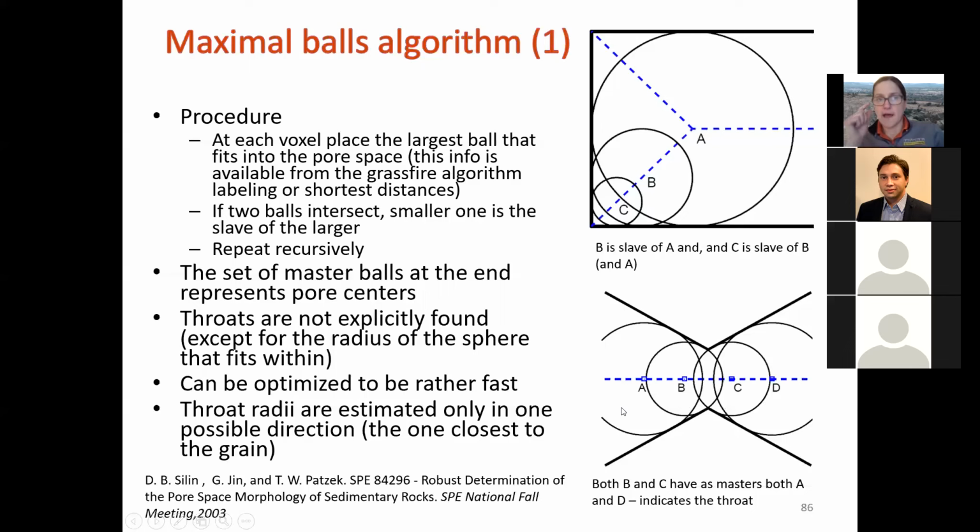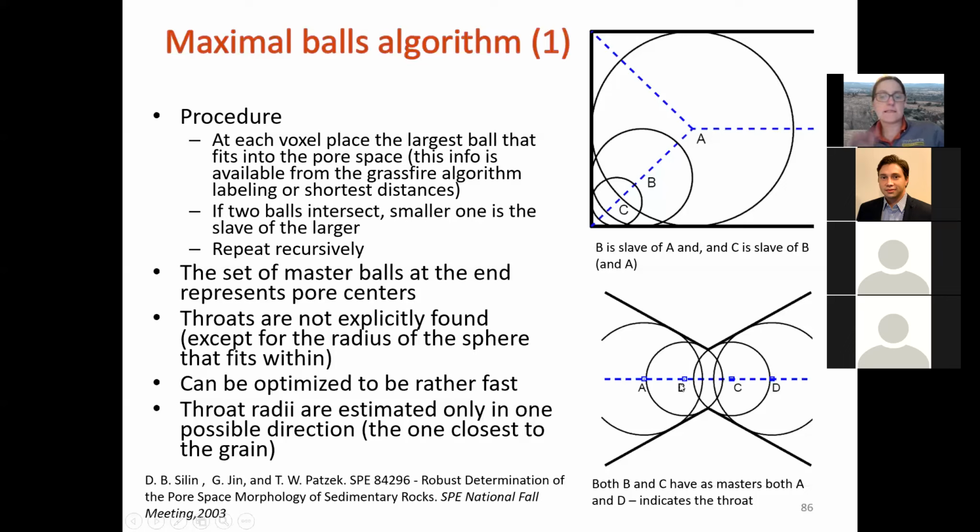Okay. Now, I have already set up those. Let's look at points A and B. A sphere that I place, or disk in this two-dimensional case, at point B, and a sphere that I place at point A, they intersect.